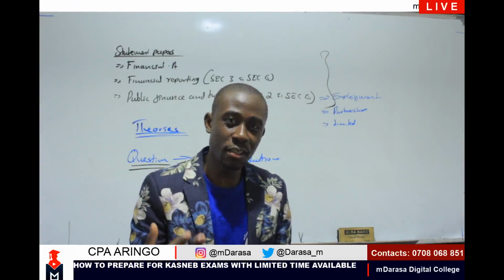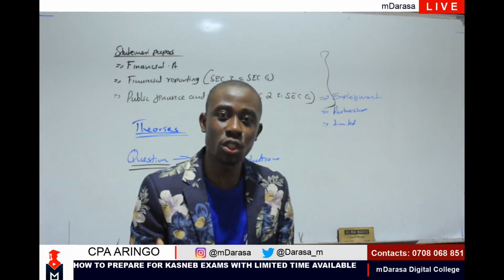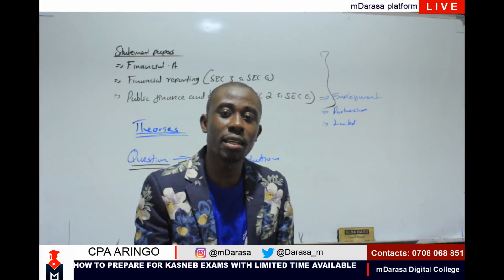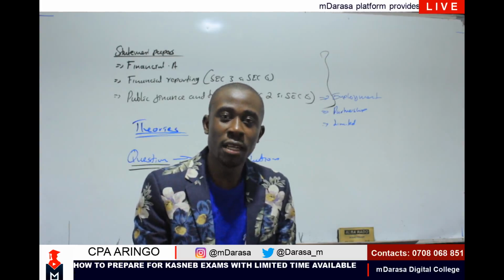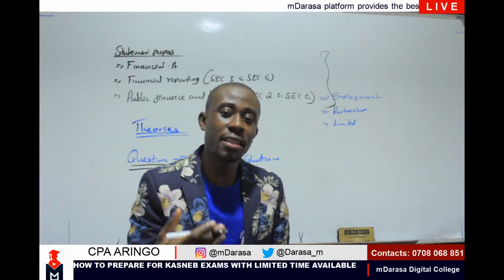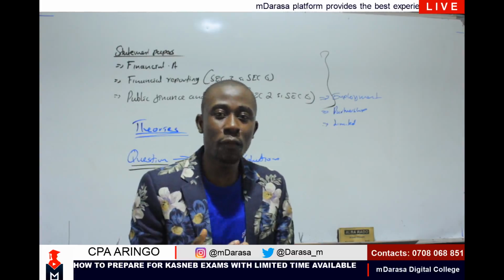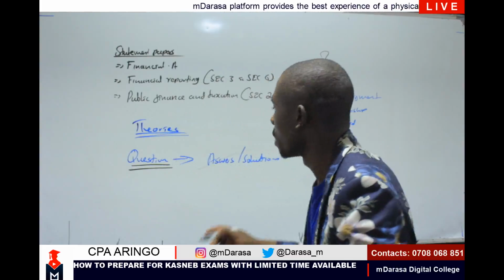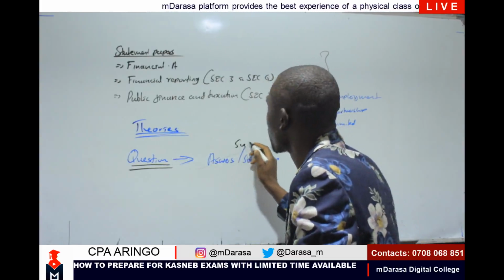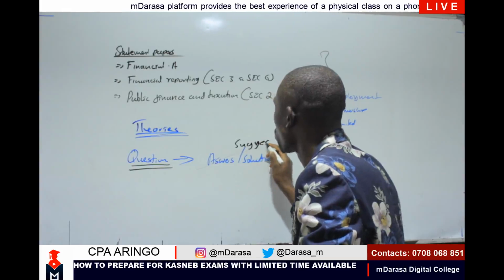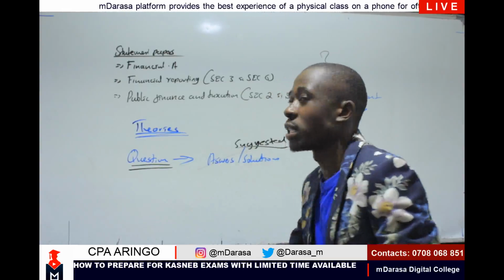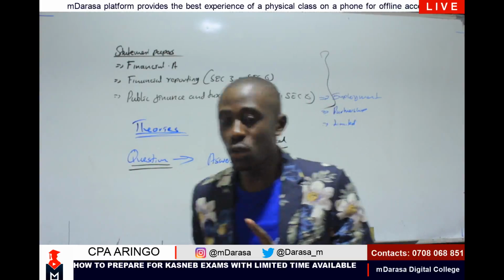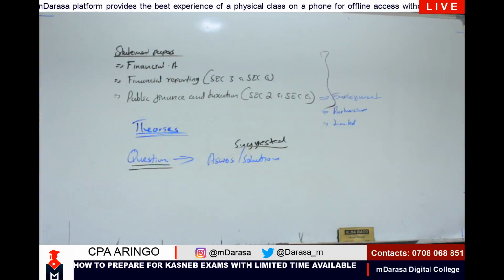Try to identify some of the questions which were tested in relation to that topic. Try to answer the questions. After you try to answer the questions, remember, even in the revision kits, all these are suggested solutions. They are not absolute.